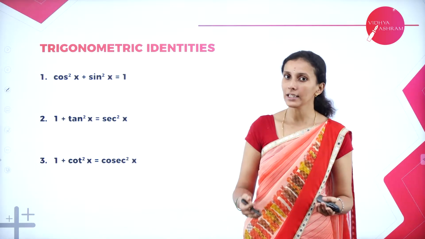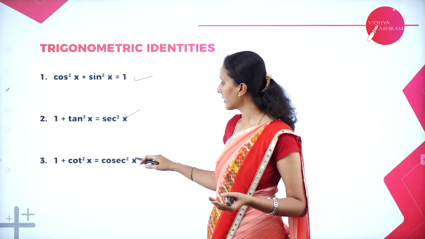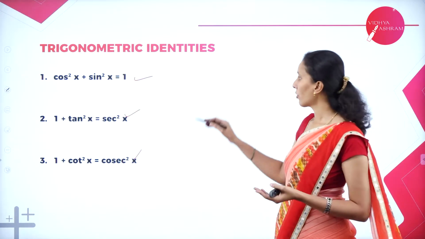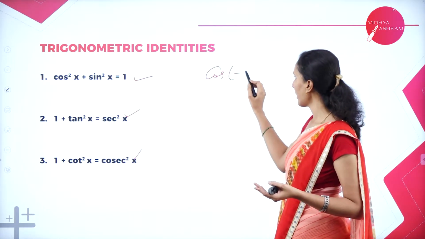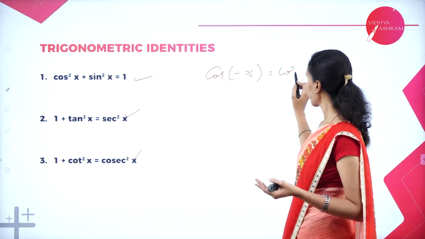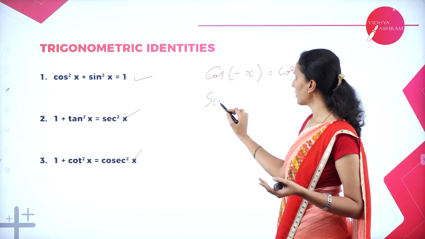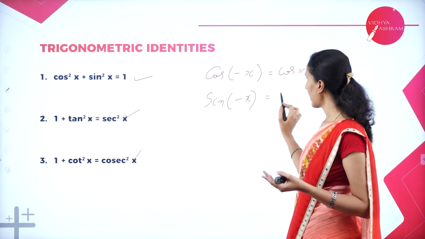You have already learned these three trigonometric identities along with a few more concepts: cos of a negative angle is cos, and sine of a negative angle is minus sine.